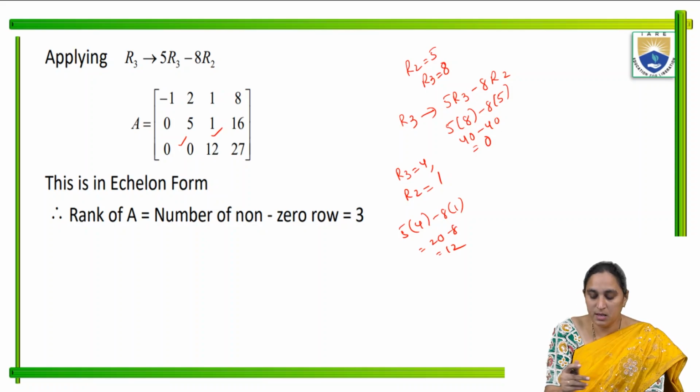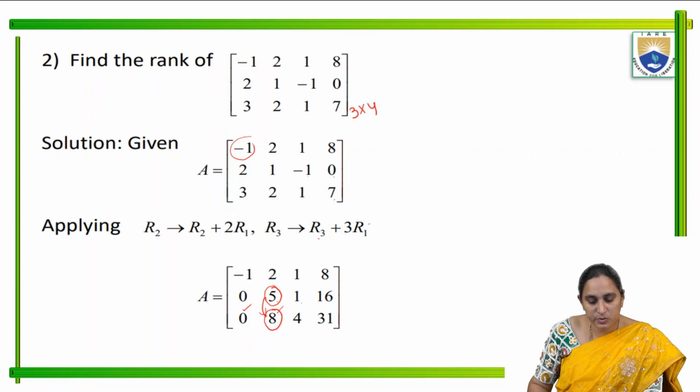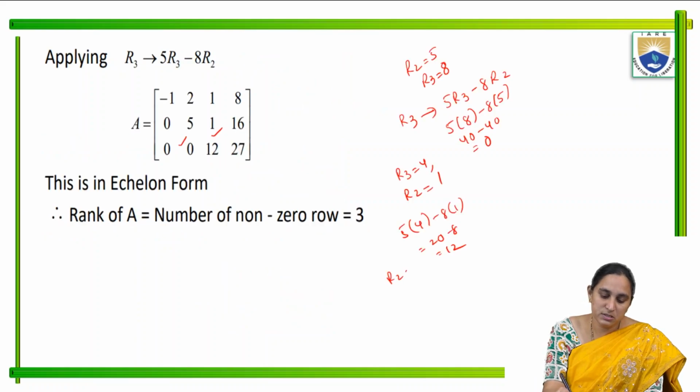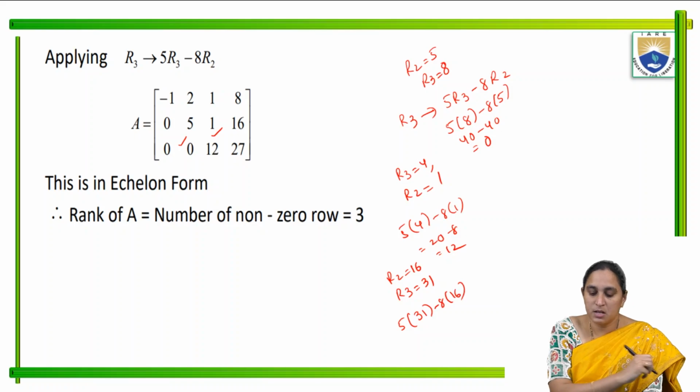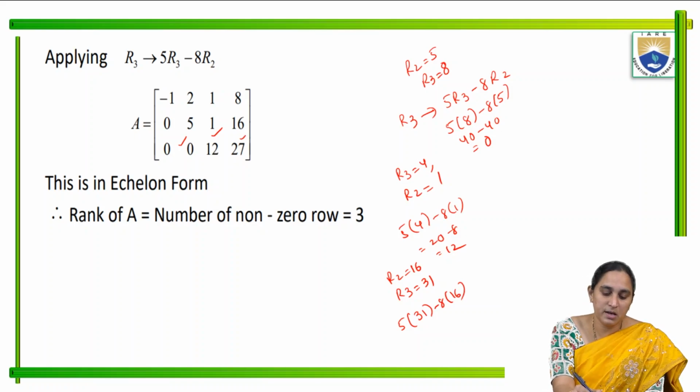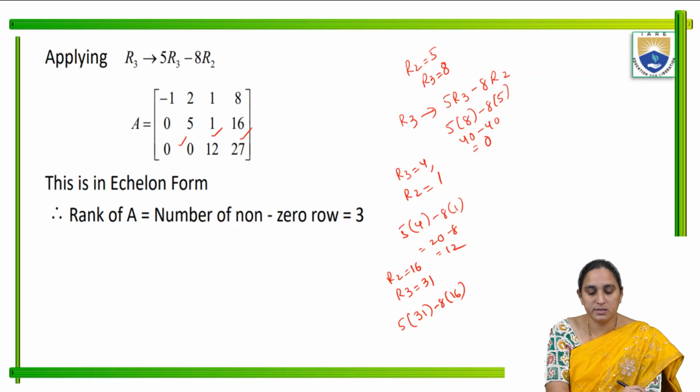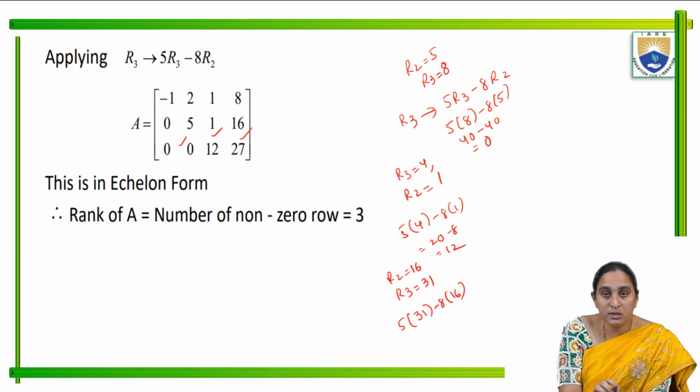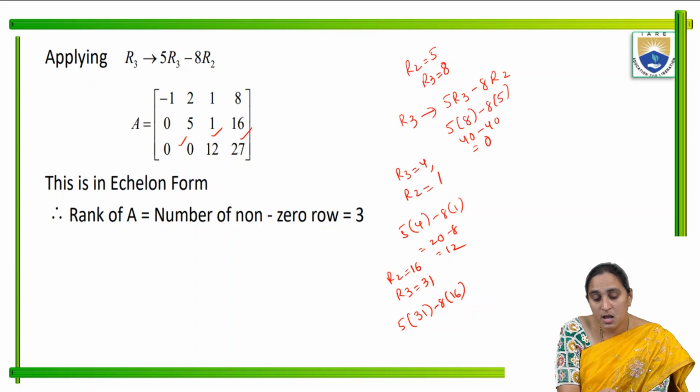And similarly, in the previous matrix, R2 is 16 and R3 is 31. That is 5 into 31 minus 8 into 16. After subtracting, we get 27. Once observe, through the definition, the number of zeros in a row is less than that of the next row, and that condition is satisfied.